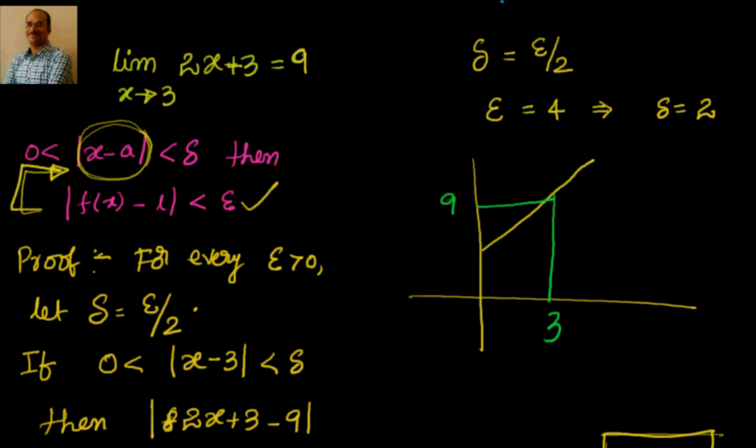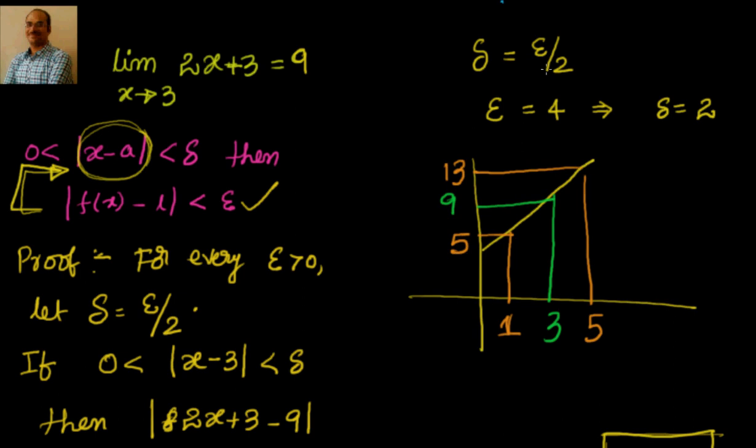Now what is the delta we have taken? Delta equal to 2. So this will be 1 and this will be 5. So check the value of f of 1. f of 1 is 2 plus 3, that is equal to 5. And f of 5 is 2 into 5 plus 3, that is equal to 13.